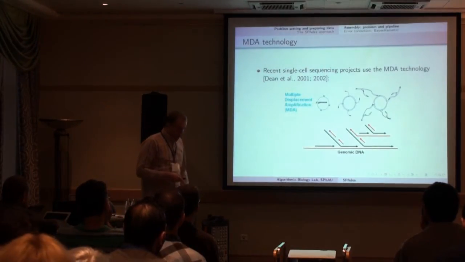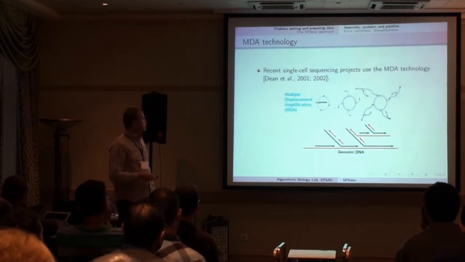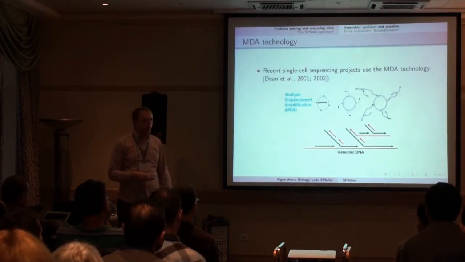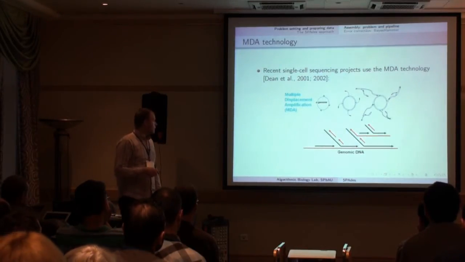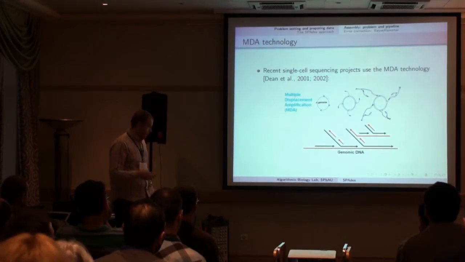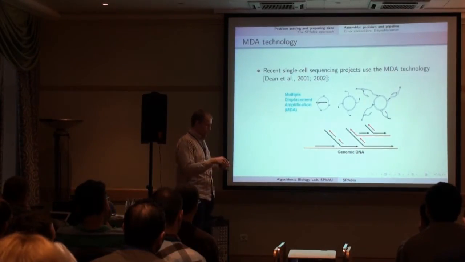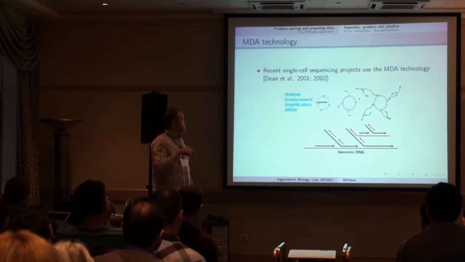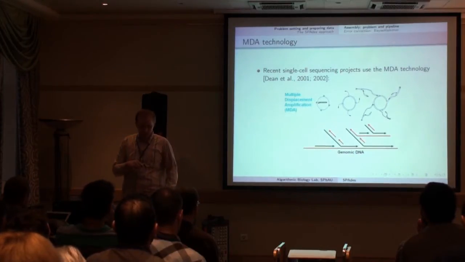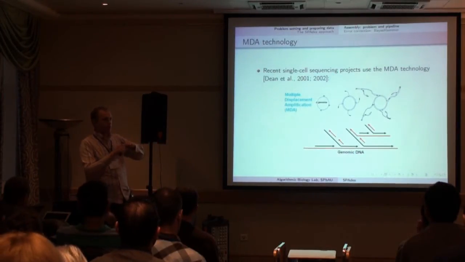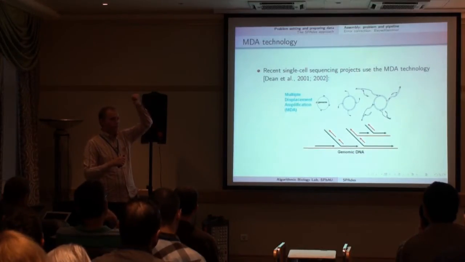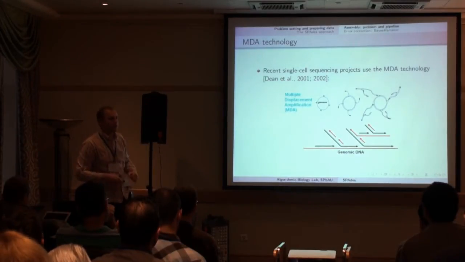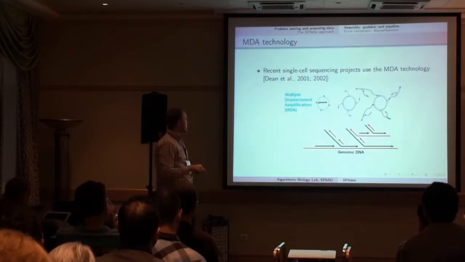Right, so single-cell sequencing is based on the so-called multiple displacement amplification technology, the MDA technology. It's called a Phi-29 polymerase, and it sits on the genome and separates it into two strands, and then it sits on each of the strands, and the process is repeated, so you get a kind of exponential blow-up in the copying of the genome.